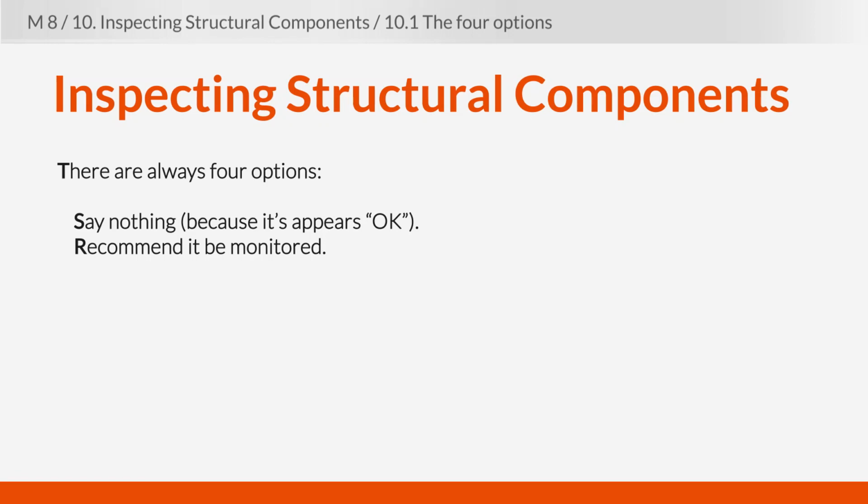You can simply suggest that the client keep an eye on it. The third thing to do is recommend checking with the current owner. That's a good idea when something looks like it might have been repaired, as an example. So you direct your client to check with the current owner and find out when it was repaired, why it was repaired, when it was done, if there was any warranties, and so forth.